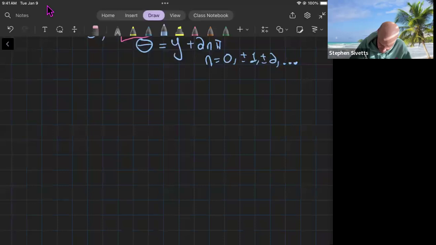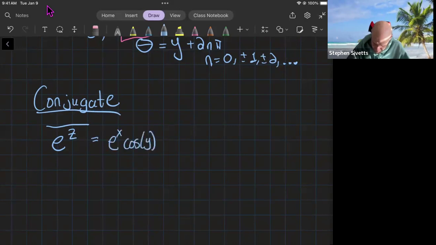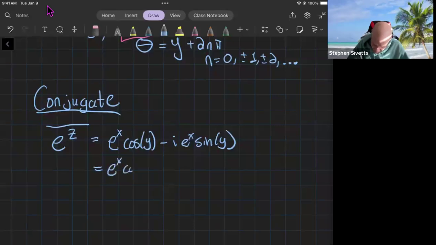Moving on to the conjugate. If I want to take e to the z conjugate, by definition this is e to the x cosine y minus i times e to the x sine y. Another way to write this is e to the x times cosine of minus y plus i times e to the x times sine of minus y.